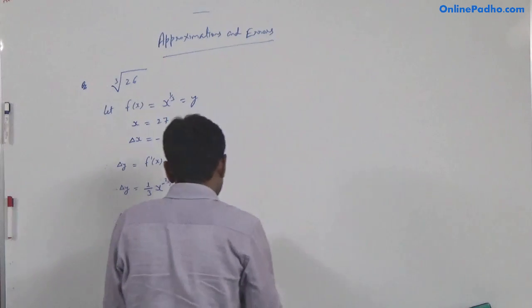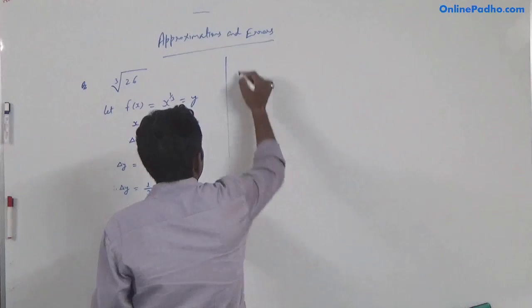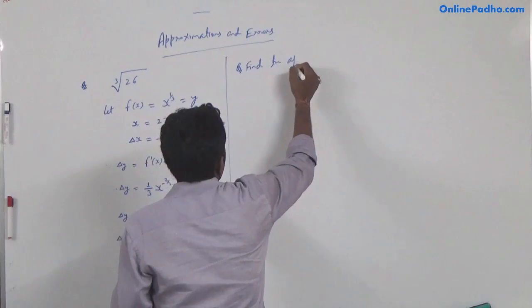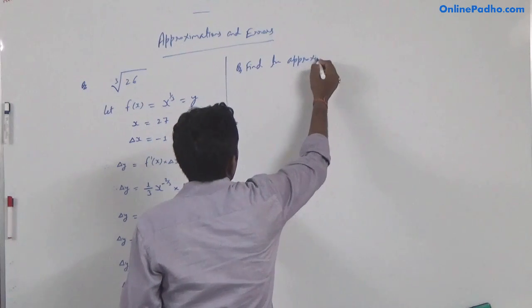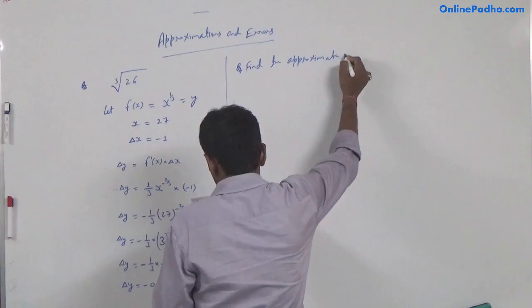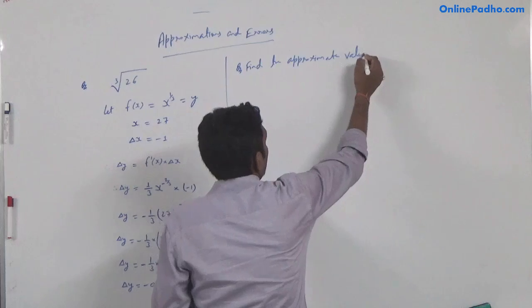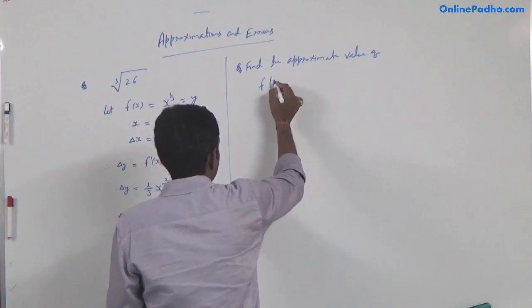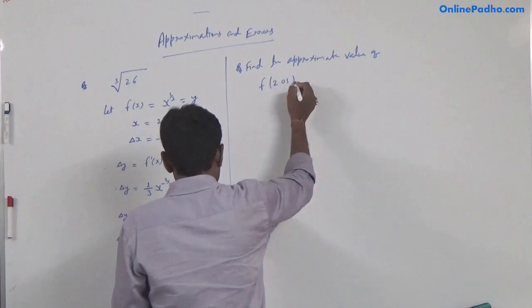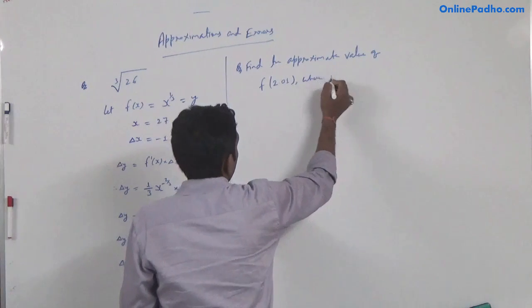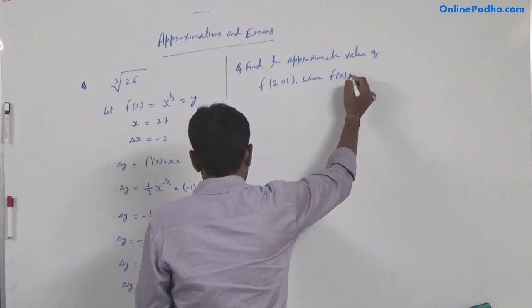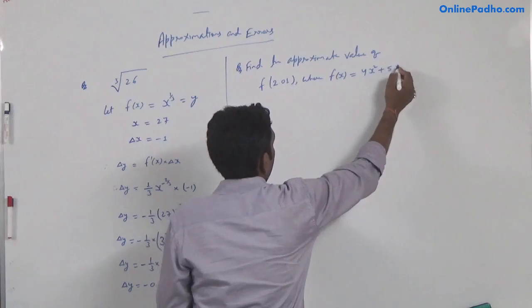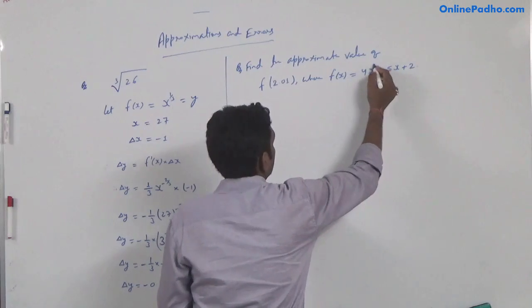Now, the question is: find the approximate value of the function f(2.01), where f(x) is equal to 4x square plus 5x plus 2.